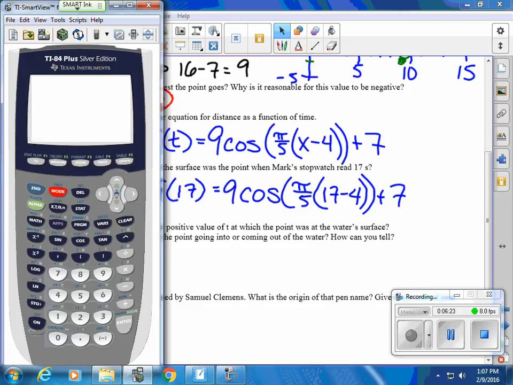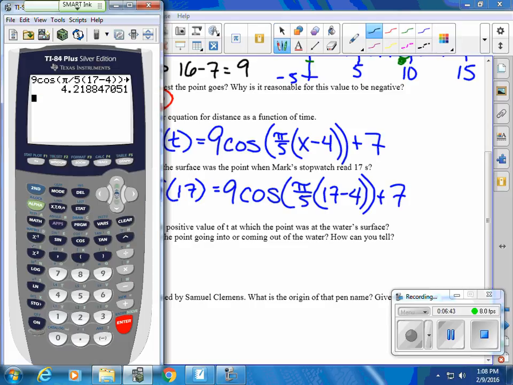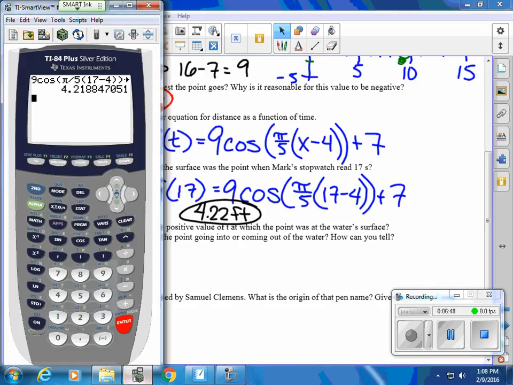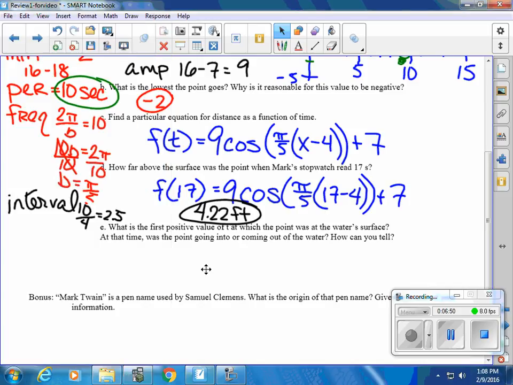And we're going to type that in. 9 cosine pi over 5, parentheses, 17 minus 4, close both parentheses, plus 7. Doesn't say where to round to, so let's round that to 4.22 feet. Okay, and that again is all just coming from typing into my calculator.